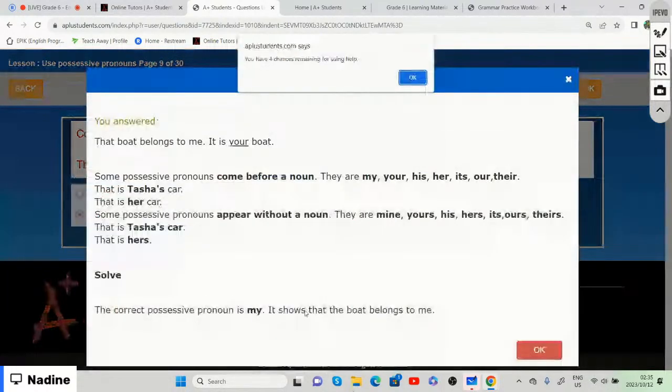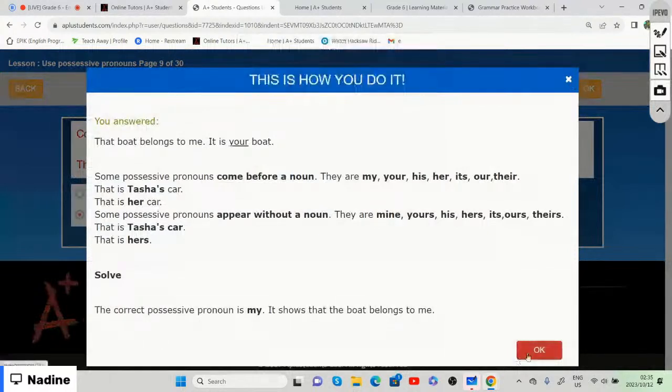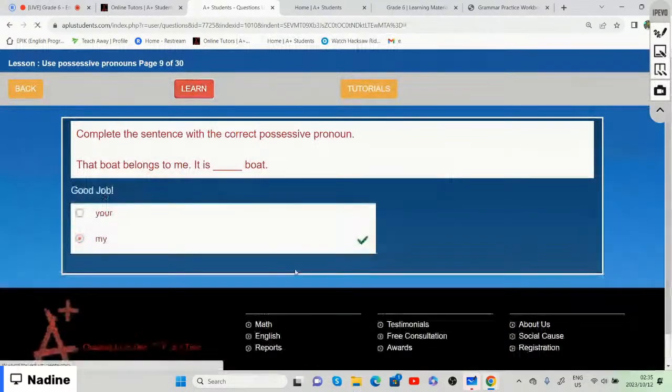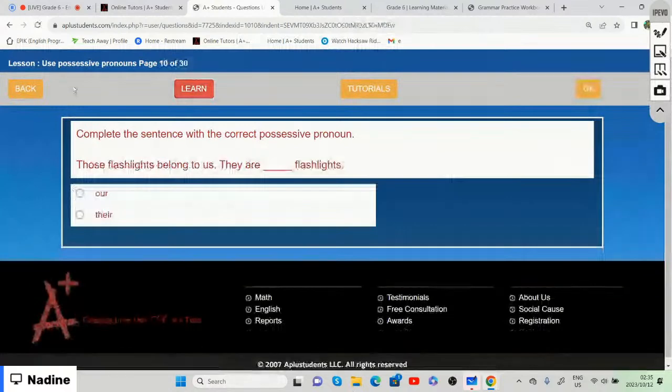All right, so that is my boat. So well done.